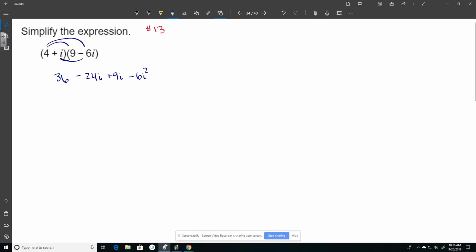Now I combine like terms. 36. Negative 24i plus 9i is negative 15i. And then my negative 6i squared, here's where we need to do a little bit more simplifying, because i squared, remember, equals the square root of negative 1 times the square root of negative 1. And if I multiply the square root of the same number, then I get negative 1.